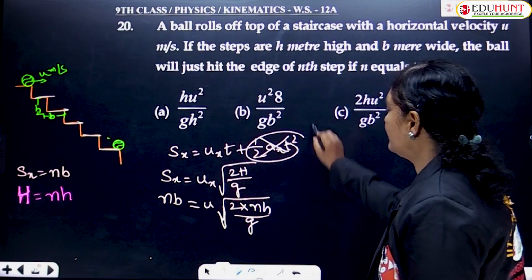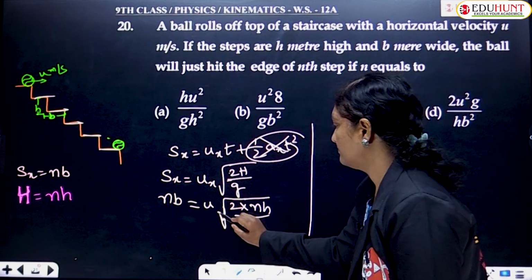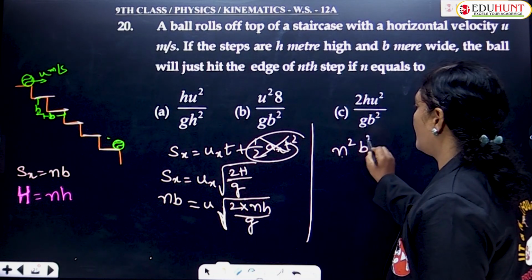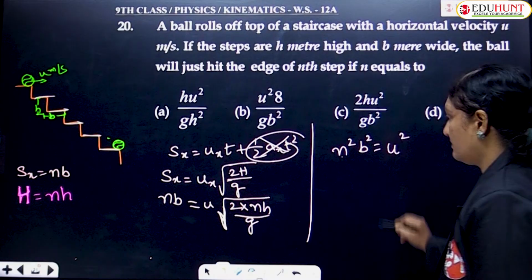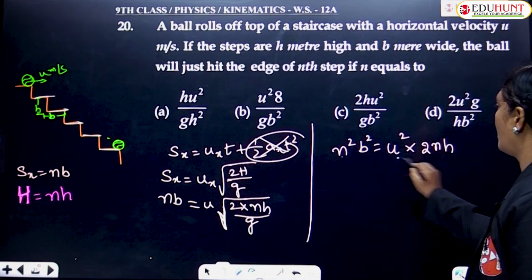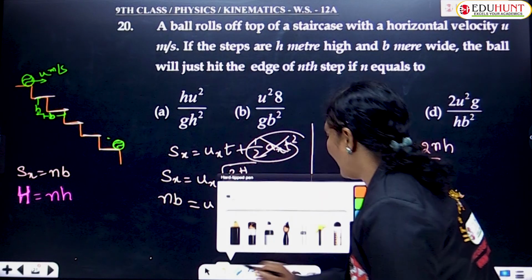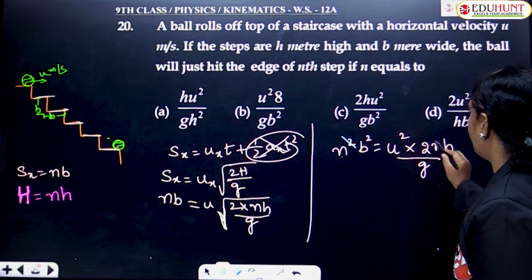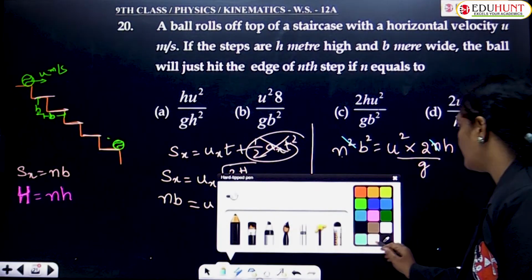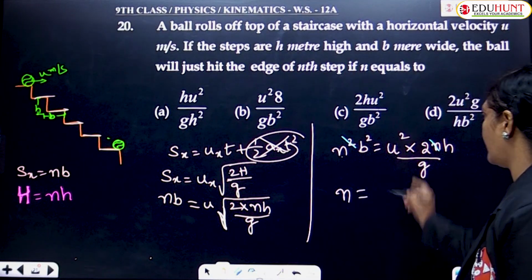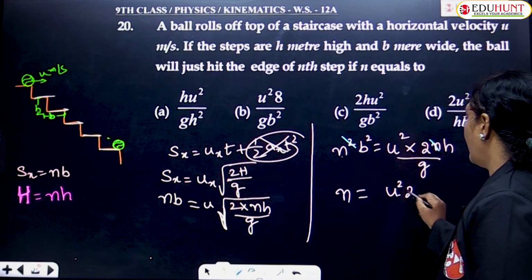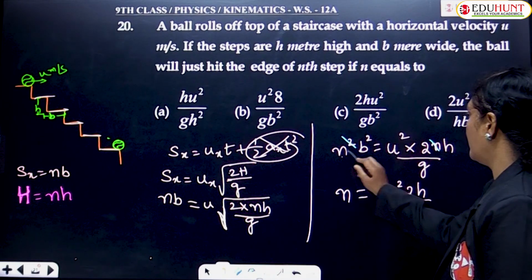So what we'll do is square both sides. We have n square b square equals u square into, this root will get cancelled, 2 times nh upon g. If you observe LHS and RHS, here n square is there, here n is there, so one n gets cancelled. So now the value of n is found to be, keeping it aside, here you are left with u square 2h upon b square.